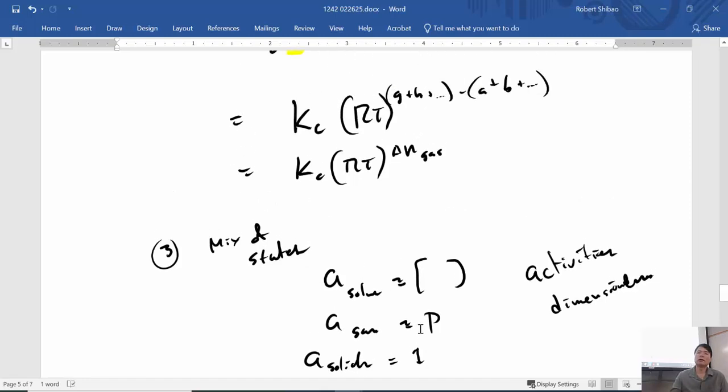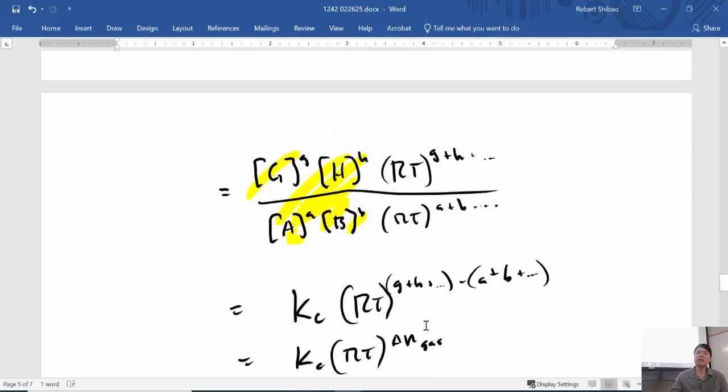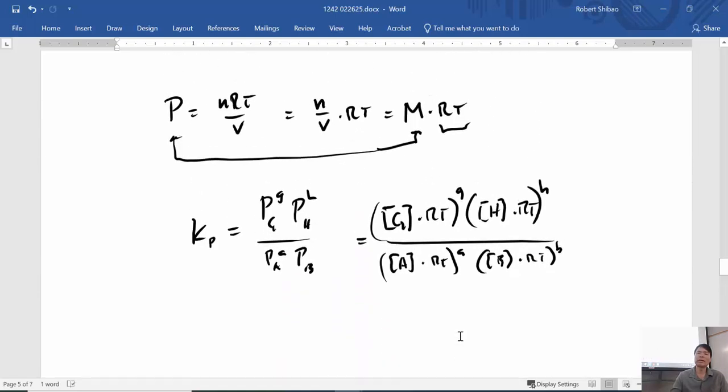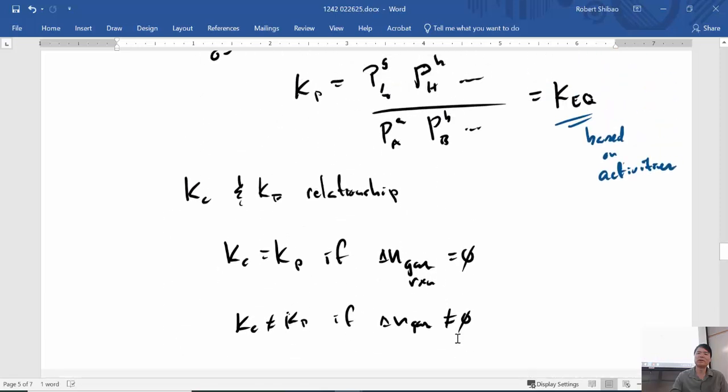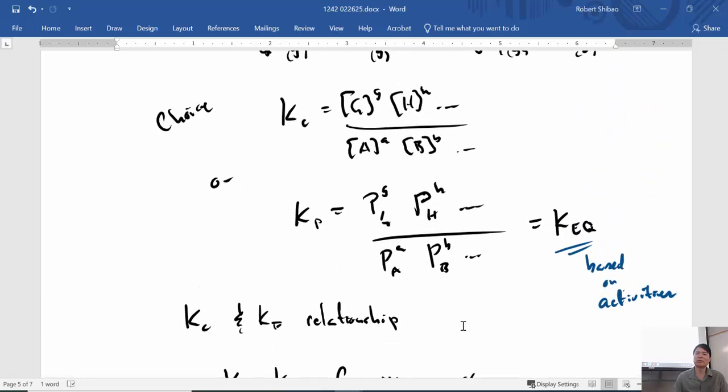Therefore, when we make these assumptions, we ignore the units, because really we're supposed to be doing activities. And so we go back up here, we ignore the units.